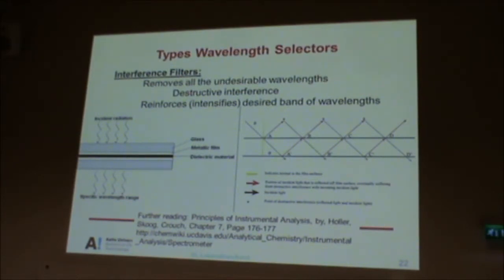So this is a way of selecting the wavelength that we need. In effect, after reflection, all the wavelengths that are not required undergo destructive interference, and only the light that comes out will be the light that undergoes constructive interference.